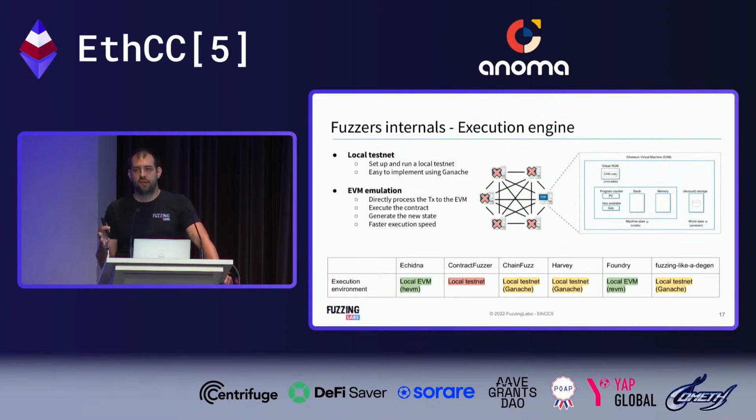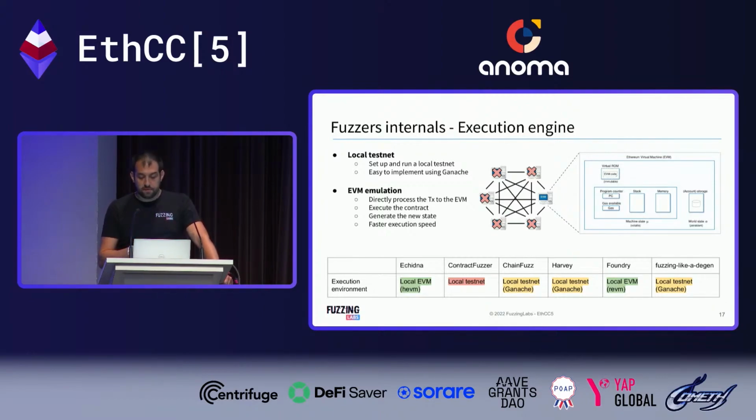You will keep the state and go on and on. So you provide the transaction directly to the EVM, you execute the contract, you get a new state, and it's way faster. What we can see there is that Echidna is actually using HEVM, written in Haskell as well. So that's maybe a reason why Echidna was developed in Haskell in the first place.